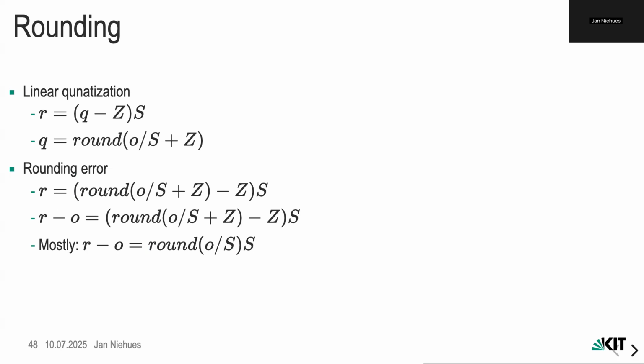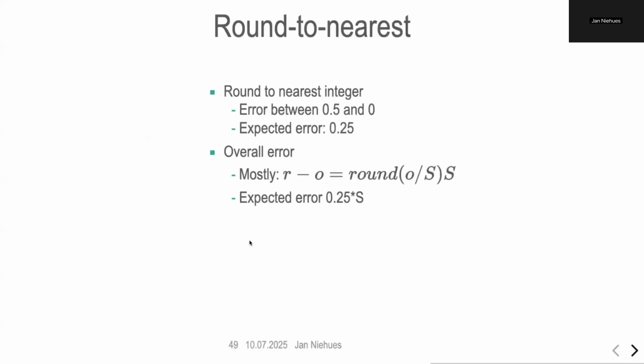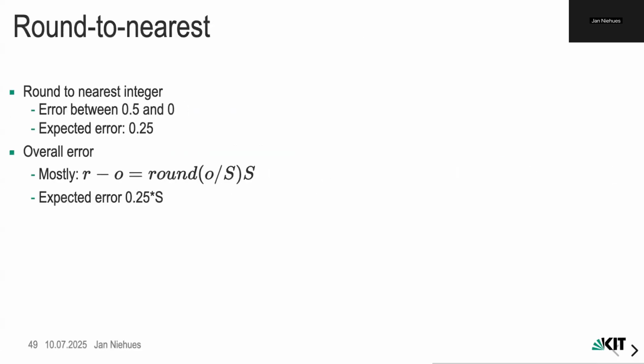So the rounding error is the rounding of the original divided by S, times S. So how big is your rounding error? Typically you will round to the nearest. I guess if I ask you how to round 0.7, you will all round it to 1.